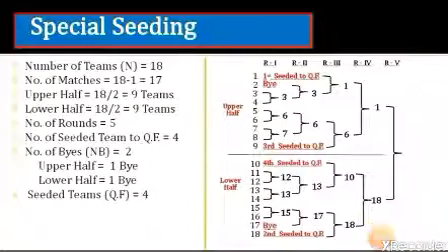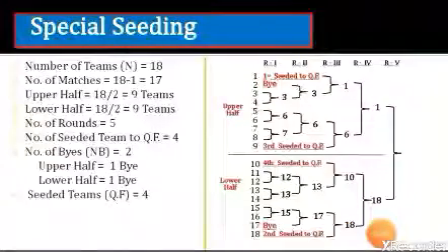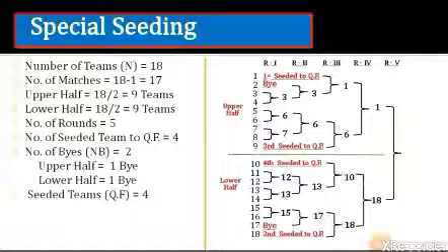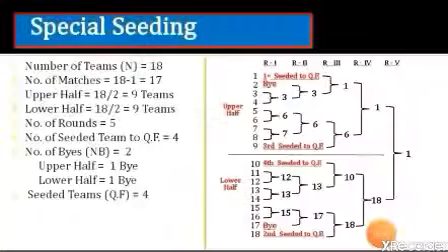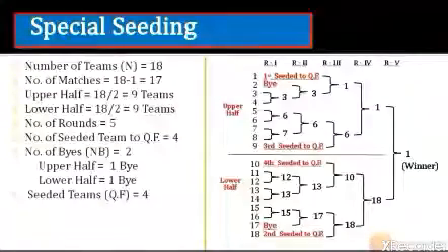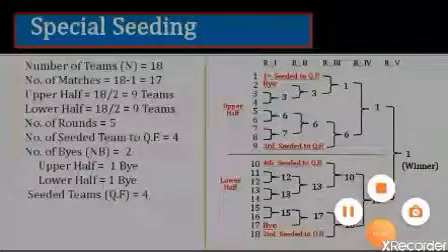Finally, the two teams meet each other in the final round. In the fifth round, there is a final between 1 and 18. Finally, 1 becomes the winner of the tournament.